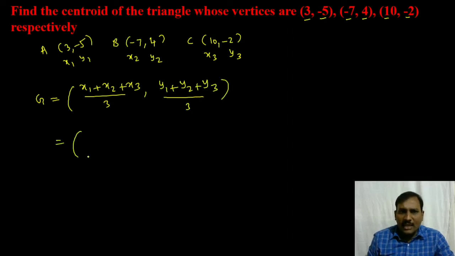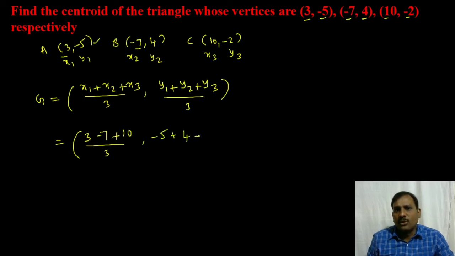So that is equal to x1 is 3, x2 is minus 7, plus x3 is 10, by 3; y1 is minus 5 plus y2 is 4 plus y3 is minus 2, by 3.